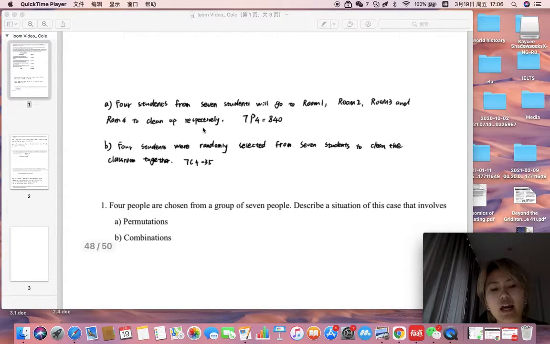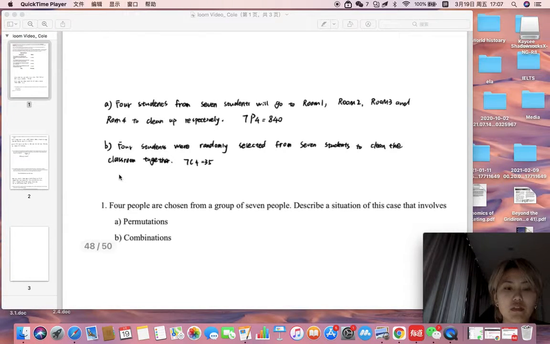Because there are seven people, we need to pick four people from them, and we need to know how many different sequences it has. So we use permutation. So the answer is 7P4, which is equal to 840.